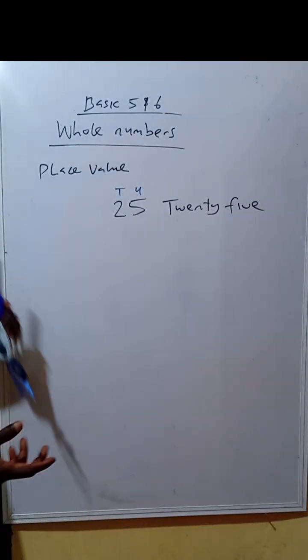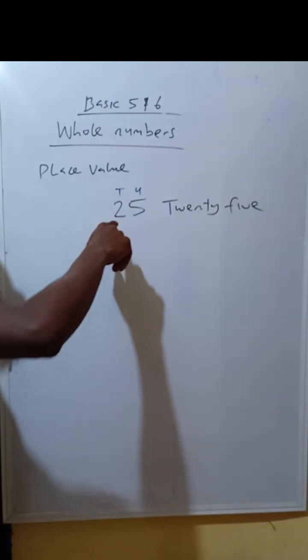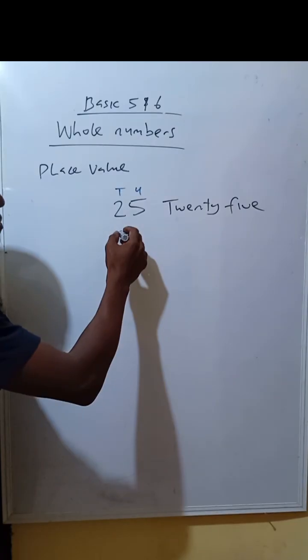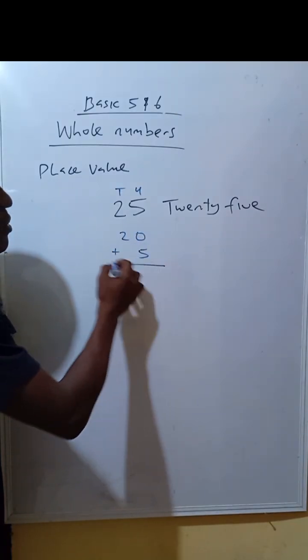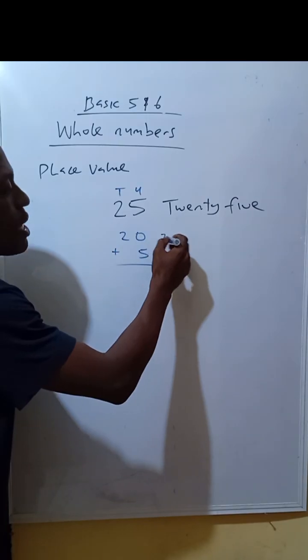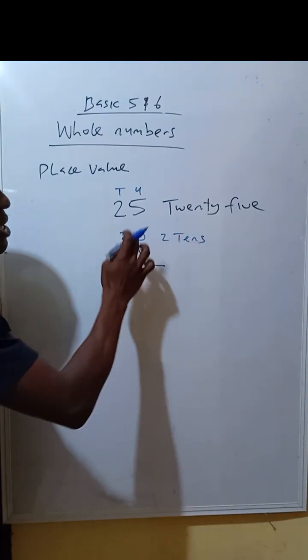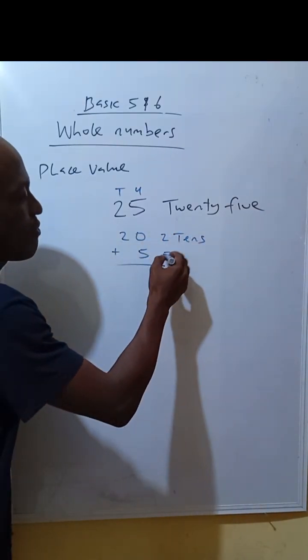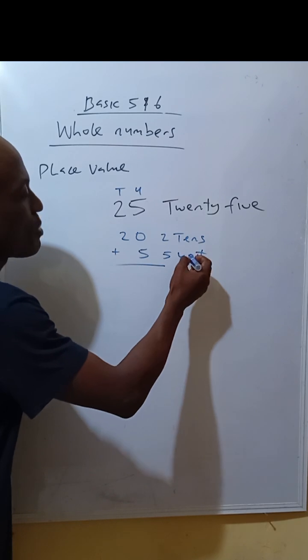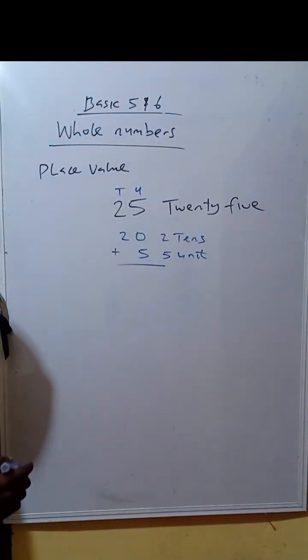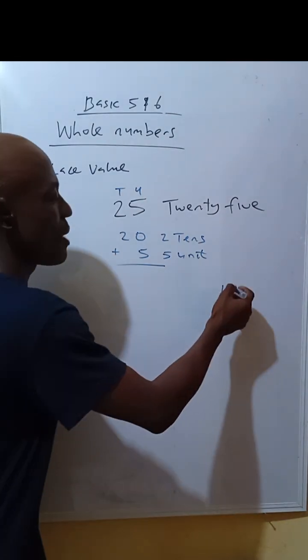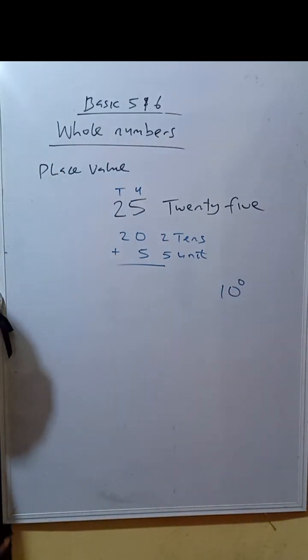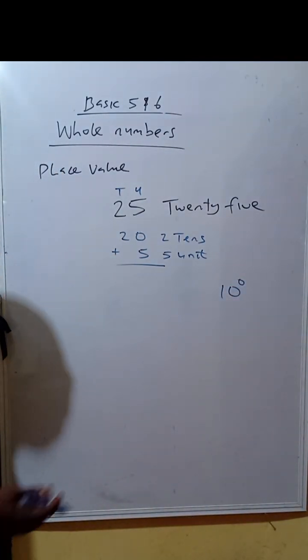So 25 is 20 plus 5. 20 is 2 tens, and 5 units. Unit speaks of 1, 10 raised to power 0.